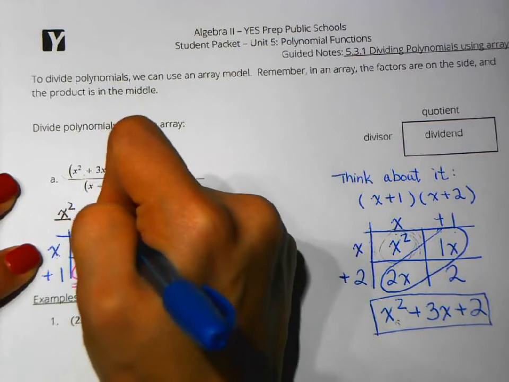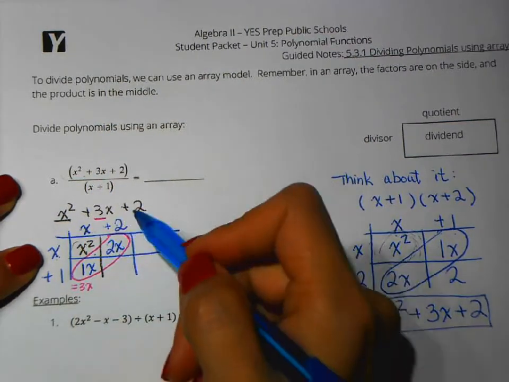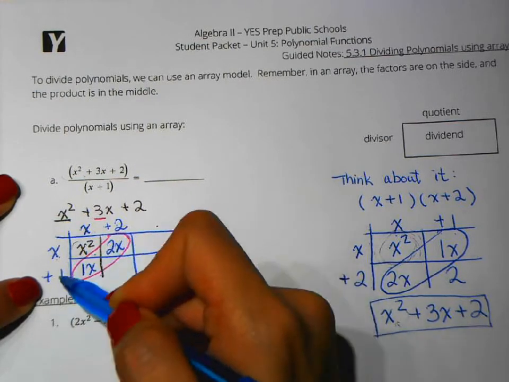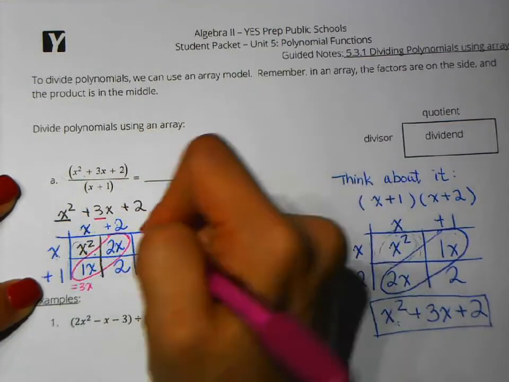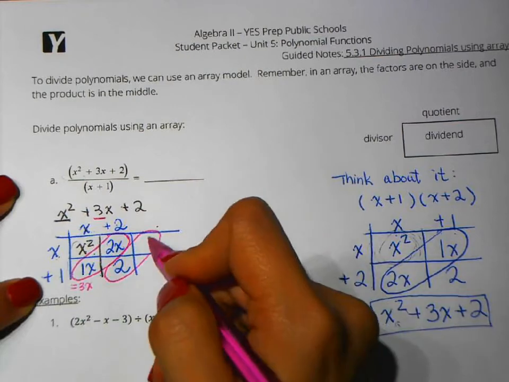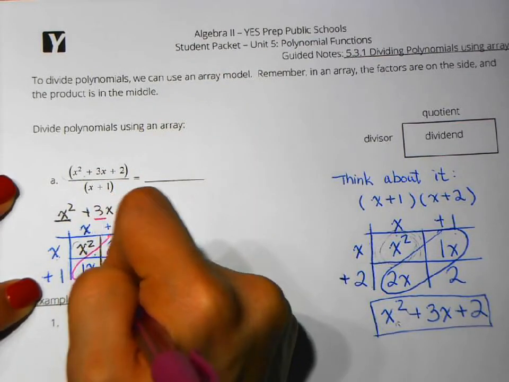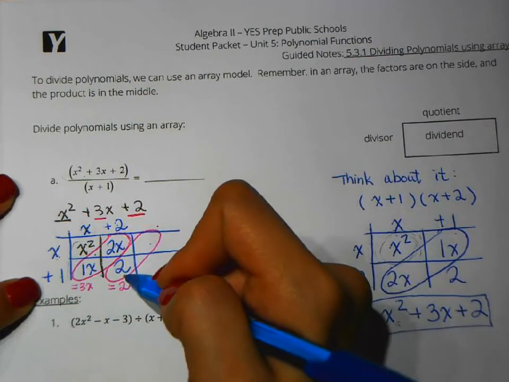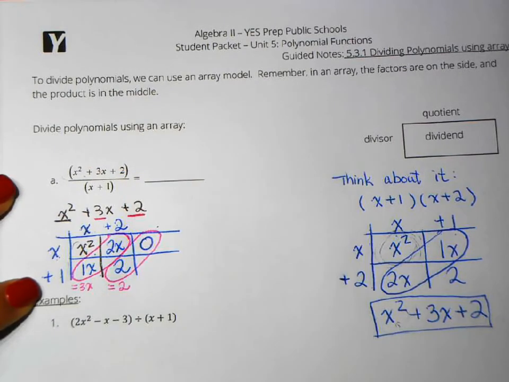X times positive 2 equals 2x. Because I know this length and this width, 2 times 1 is 2. If I keep looking, I know that 2 plus some other term has to equal the next term, 2. So 2 plus 0 equals 2.